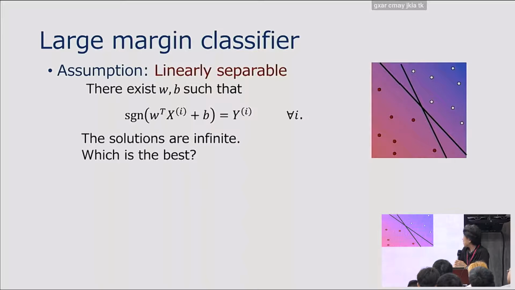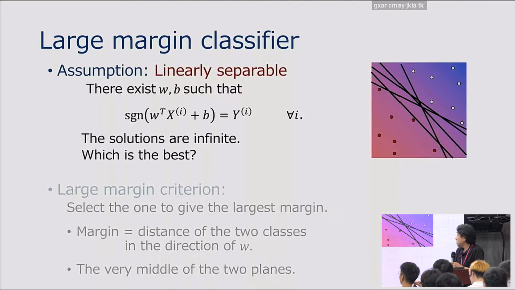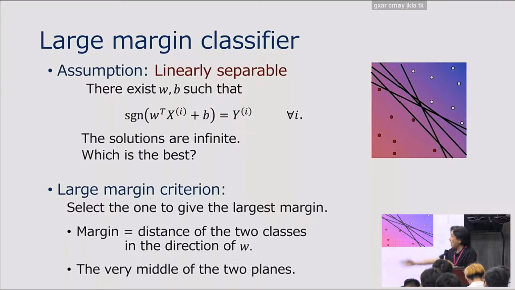This is also separating two classes correctly, this one also, and so on. So in this case, you can see that there are infinitely many such hyperplanes. And the question is which is best? And support vector machine introduces some criterion to pick up one of them as the best one. The criterion is called the large margin criterion.